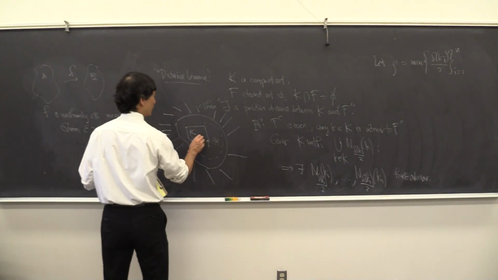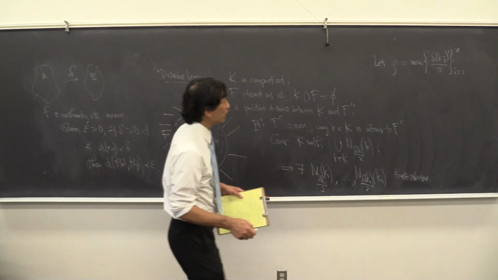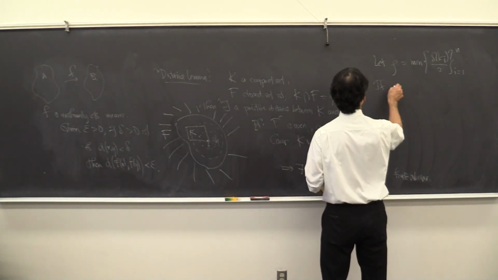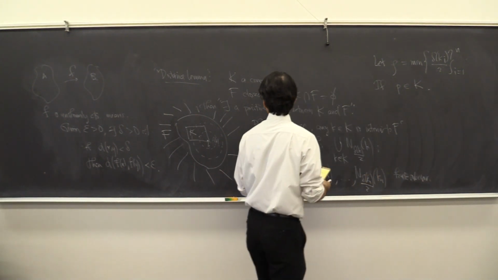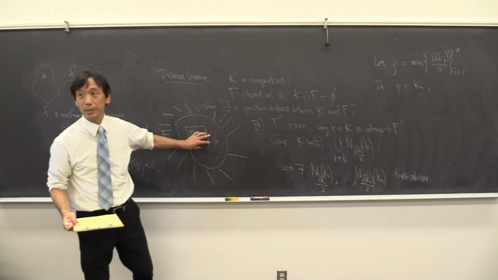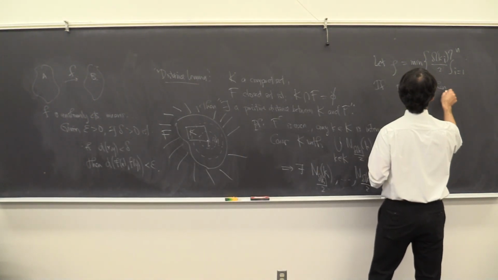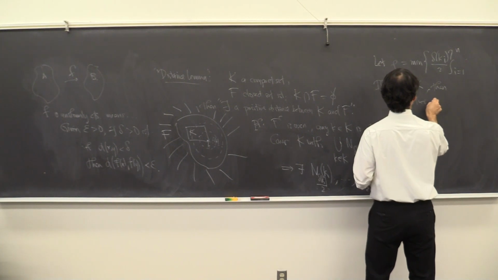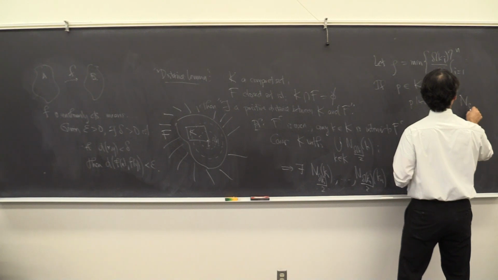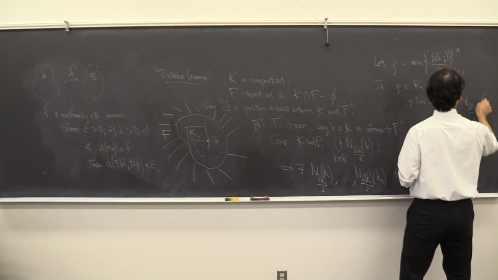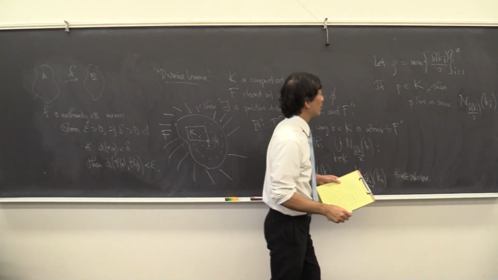So you've covered everybody with a half radius. If you have some point P that's in K, then it's got to lie in one of these neighborhoods, say around k_i.